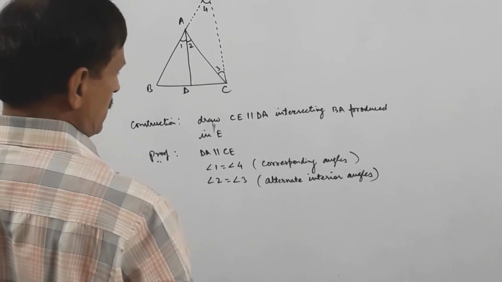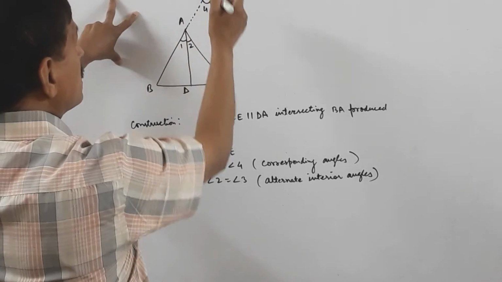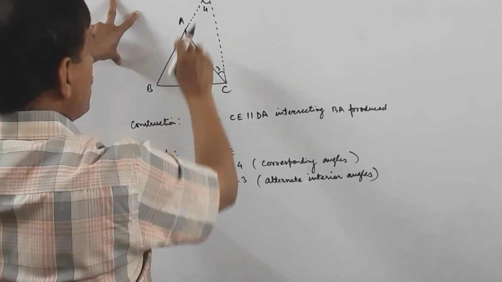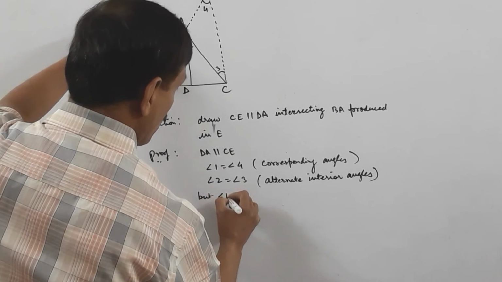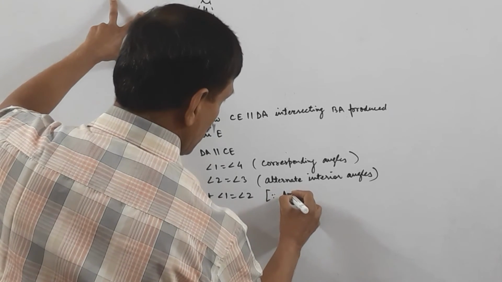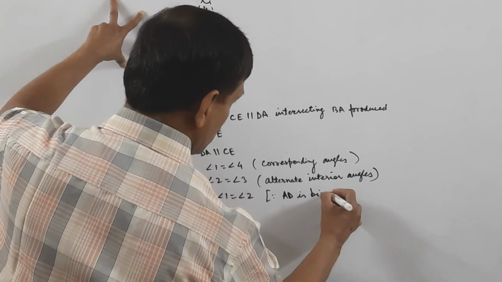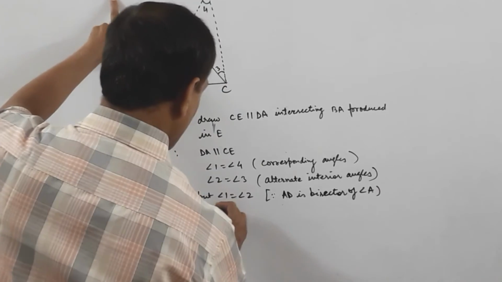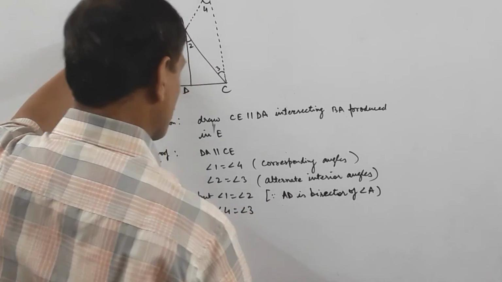As angle 1 and 2 are equal because AD is the bisector of angle A, therefore angle 4 is equal to angle 3.